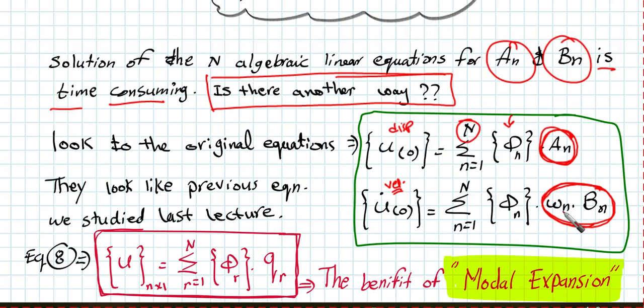Exactly, what you are saying is right. In the previous lecture we mentioned modal expansion. Do you remember modal expansion? Yes, we remember it well, because in equation 8 in the previous lecture I mentioned that we can decompose or represent any vector u, for example n by 1, as a summation of different vectors phi r times qr, where qr is the modal coordinate.